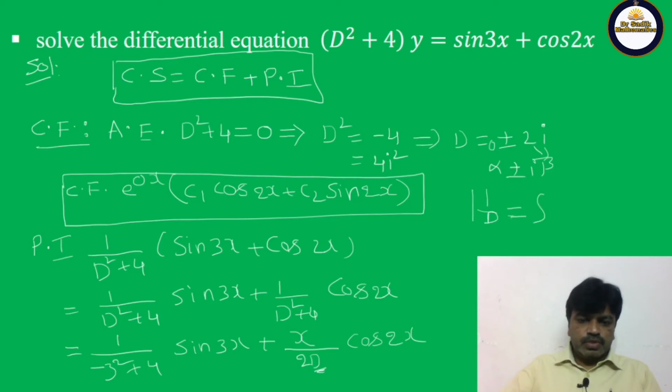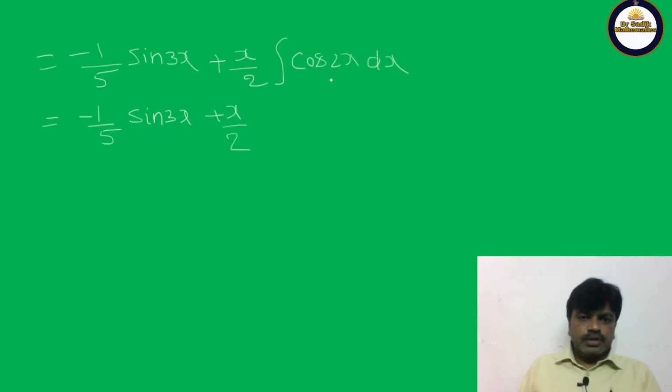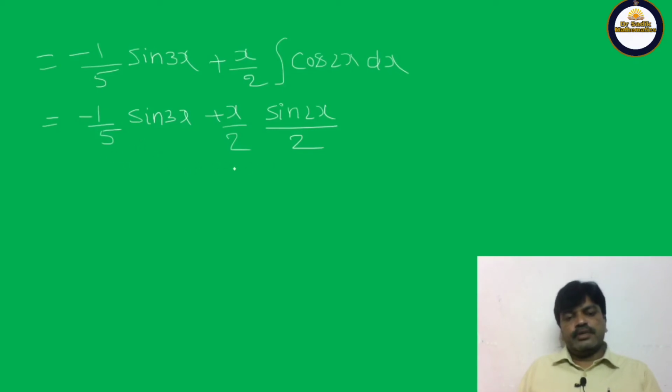So x by 2 into integral of cos 2x dx. So that is equal to minus 1 by 5 sin 3x plus x by 2 into the integral of cos 2x, which is exactly sin 2x by 2. This is the required particular integral of the given problem, friends.